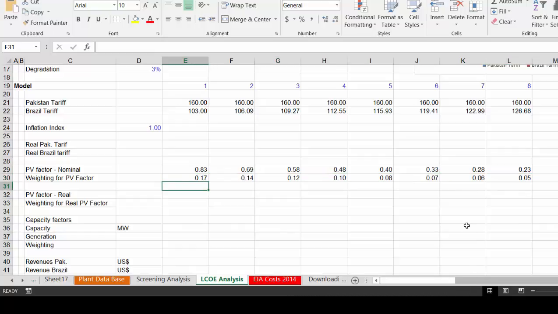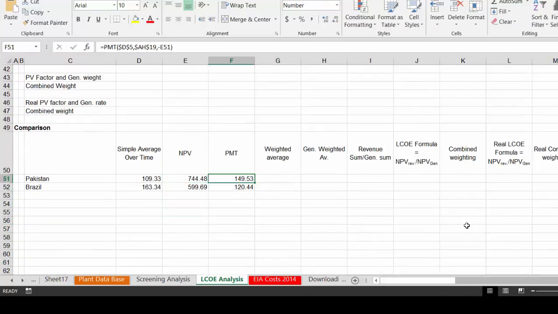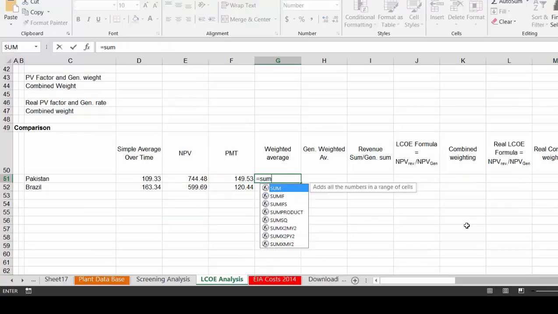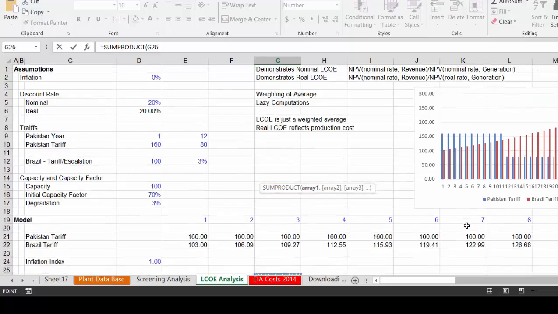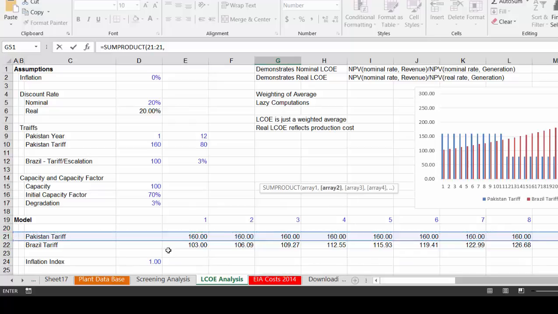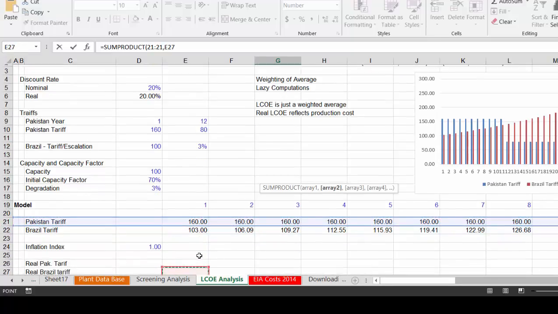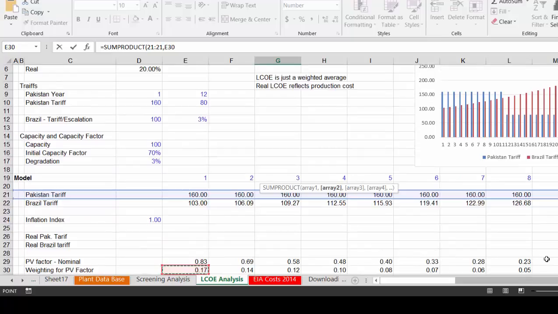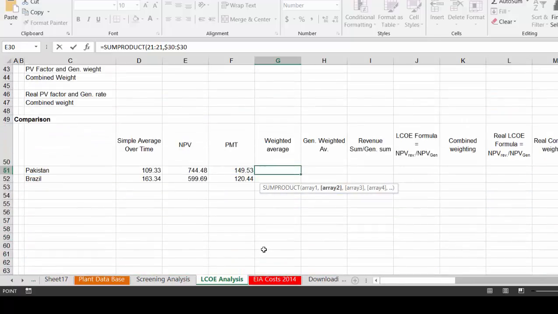And that means we can compute the weighted average by taking the sum product, and this time we can cheat again. We can take the tariff and weight that by the discount factor, and if you notice the weighting factor, it's a lot lower than here. Shift Spacebar and F4, okay, and then we can go down.